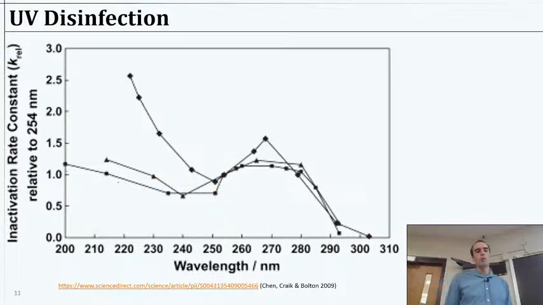So if you were to go lower wavelength, it gets harder and harder to apply because it's kind of hard to make, and then it doesn't transmit very well through water or air. So anything below here is pretty difficult to work with. But we can see that we might even have some benefit going up to about 270, 265. And then by the time we're at 300, we don't have much effectiveness.